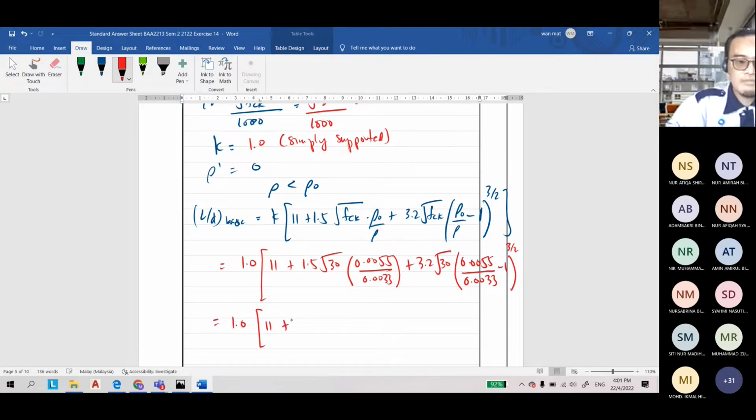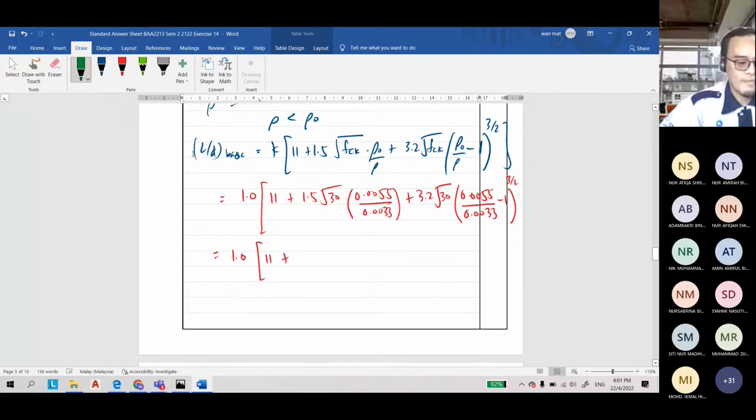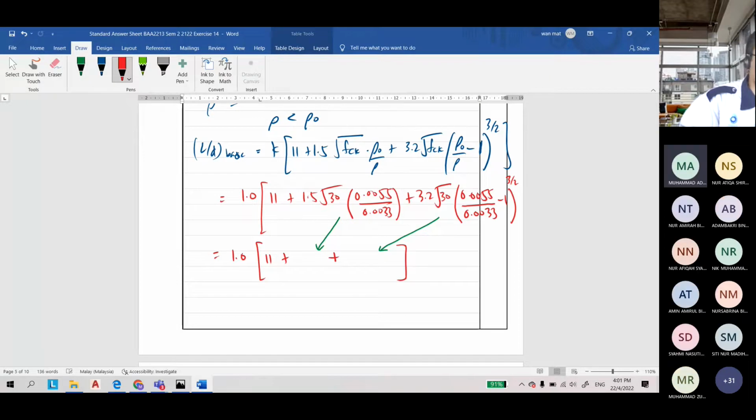11 plus berapa? You better calculate one by one lah. Saya risau kalau you guna calculator takut silap. Okay, here is what the answer here? 13.7.